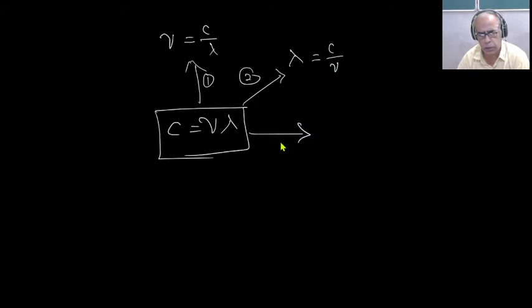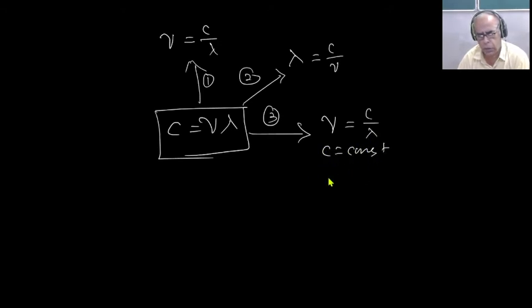What is the third type they can ask? Probably they can compare two situations. We know very well that C is equal to nu into lambda. Nu is, according to this equation, C by lambda. We know already C is constant.